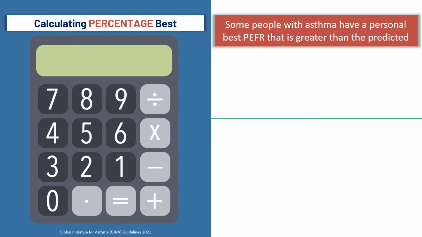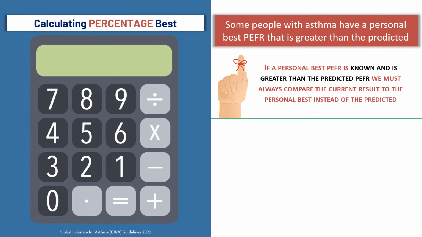So even though it might be within normal limits for the mass of the population, it might be telling us a story about that person sat looking at you. So if there's a situation where you know that that patient's personal best is better than the predicted, well then going forward you've got to compare all future results with what you know is that patient's best.